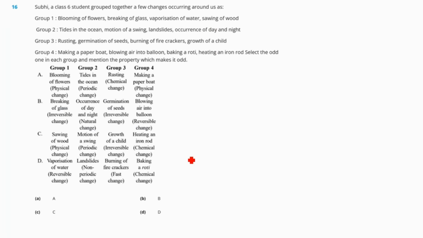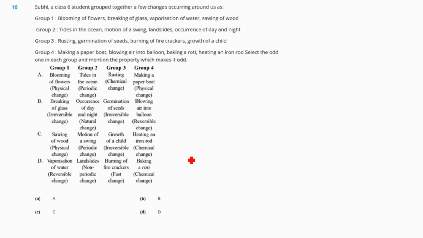Question 16. Subhi, a class 6 student, grouped together a few changes occurring around us. Group 1: blooming of flowers, breaking of glass, vaporization of water and sawing of wood.